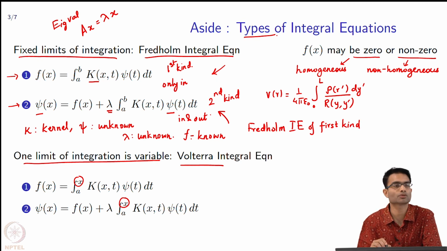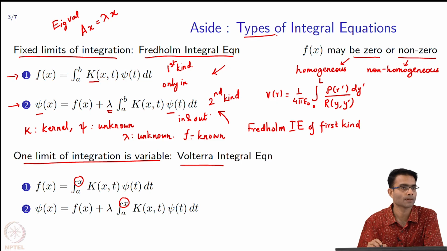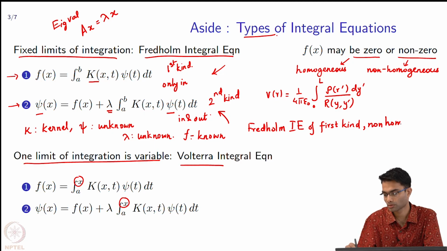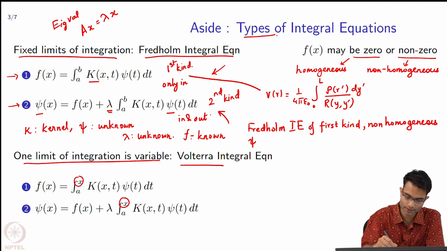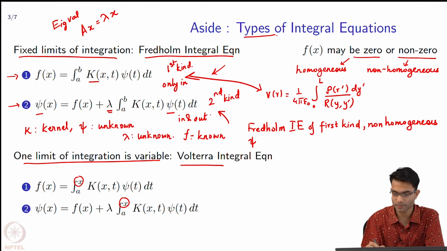And is it homogeneous or non-homogeneous? It is non-homogeneous. Why? Because what is F over here? V, the potential, right. So, it is non-homogeneous. What is my psi in this case? If I want to draw a one-to-one analogy between this equation and that one, what is my psi?